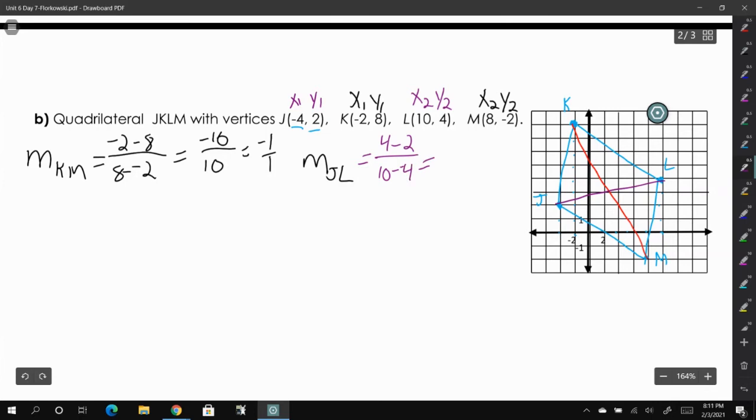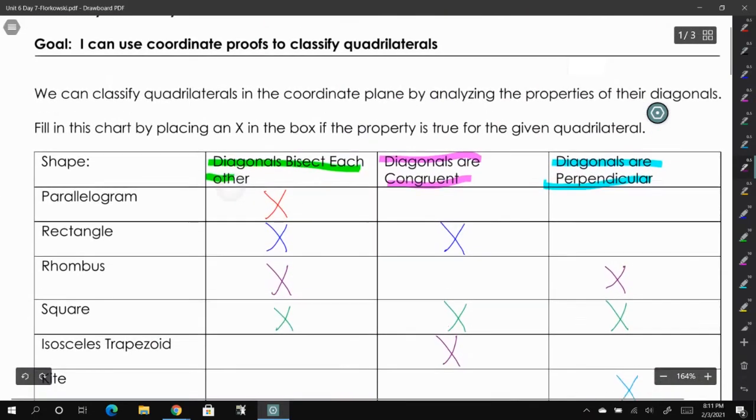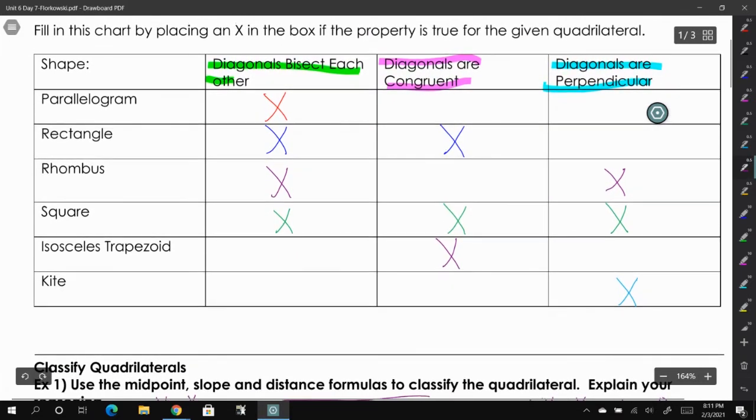So that's going to give us 2 over 14, or 1 over 7. So those are not opposite reciprocals. So what that means is that the diagonals are not perpendicular. So this is going to be an isosceles trapezoid, a rectangle, or a parallelogram.